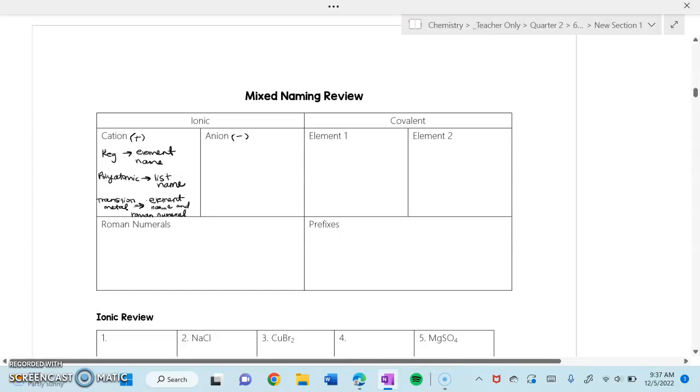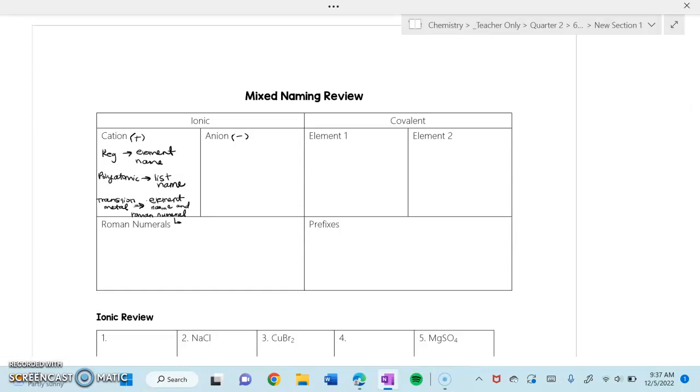And again, that is the charge. So Roman numerals tell us the charge, because there is no pattern for charge on the D block elements.